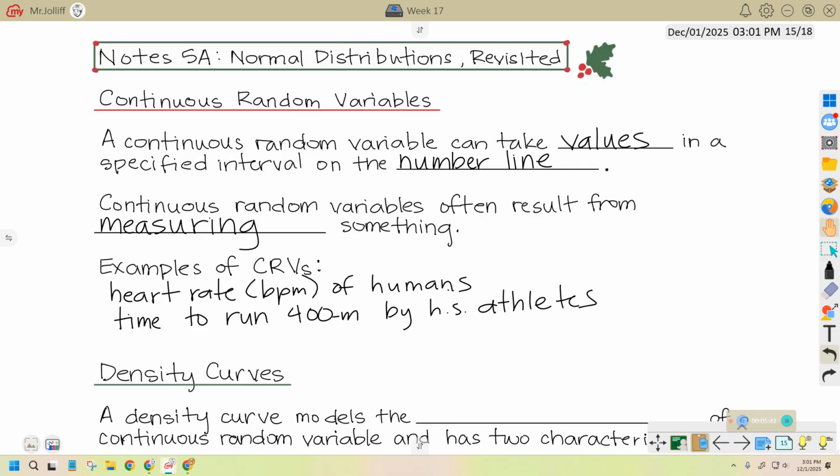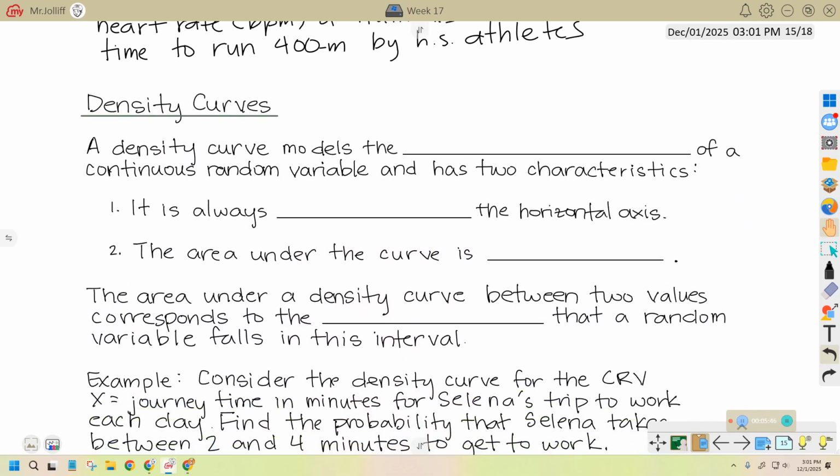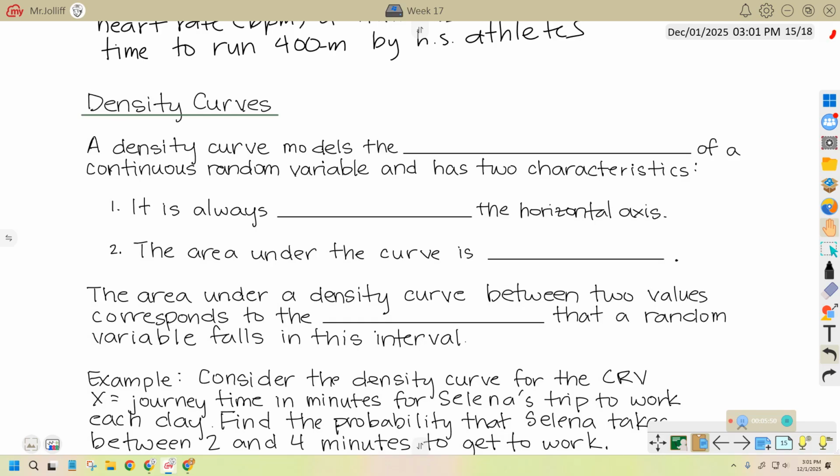We are focused in this unit on probability for continuous random variables. We know for discrete random variables, if I wanted to find their probability distribution, I can do that with a table of x values and p of x values. Or I can do that with a histogram that shows the x values and the p of x as a height for that bar.